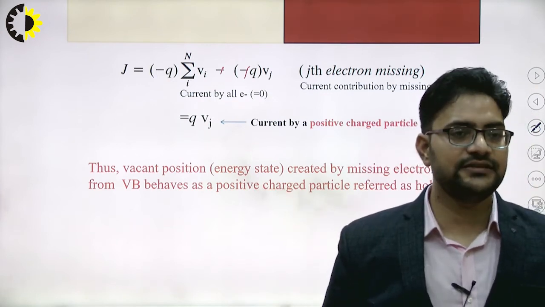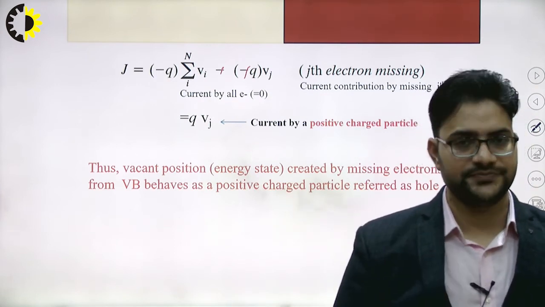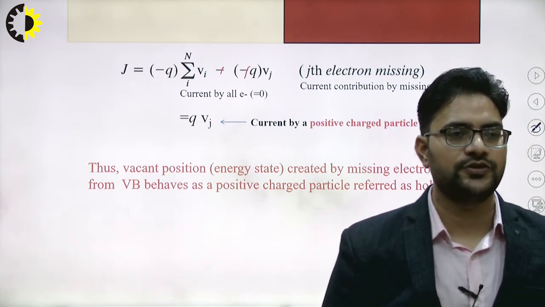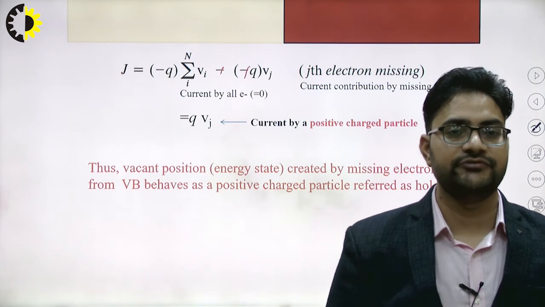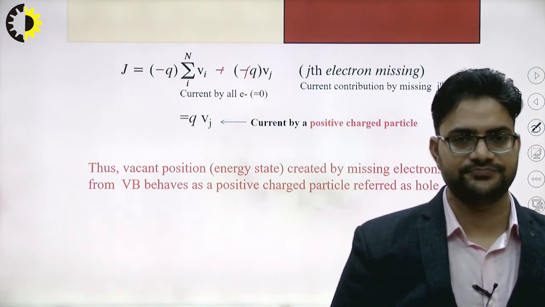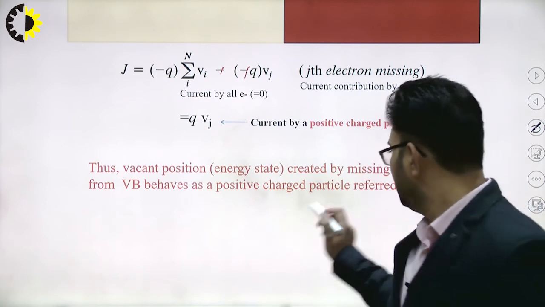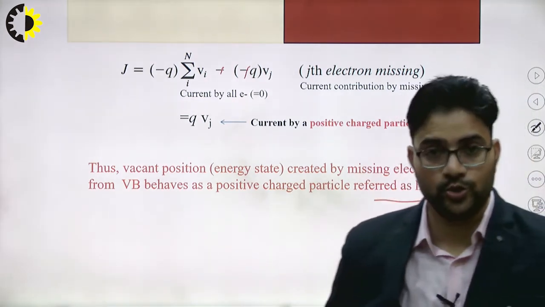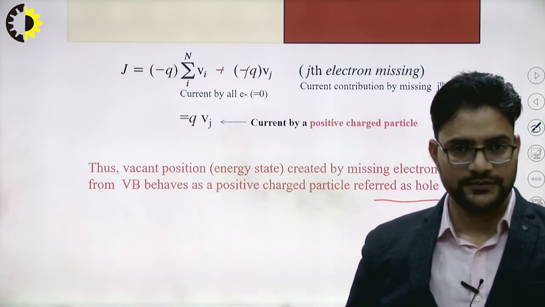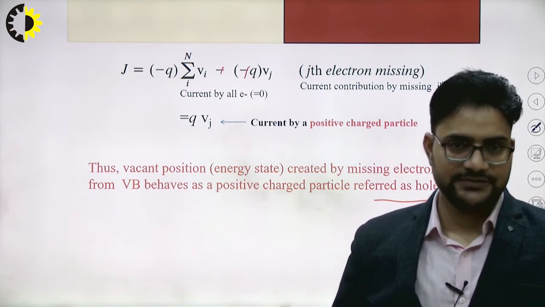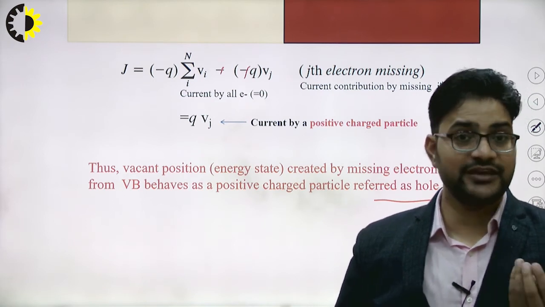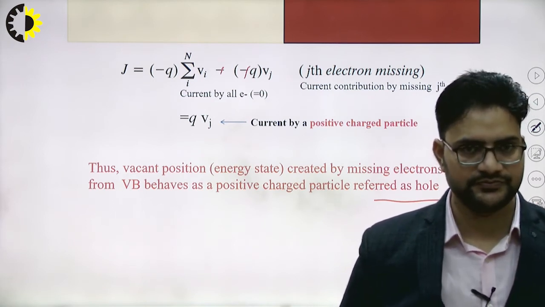We can say that the vacant position created by the missing electron from the valence band will behave like a positively charged particle, which is referred to as a hole. So this is basically the hole, which is the vacancy of the electron, right.